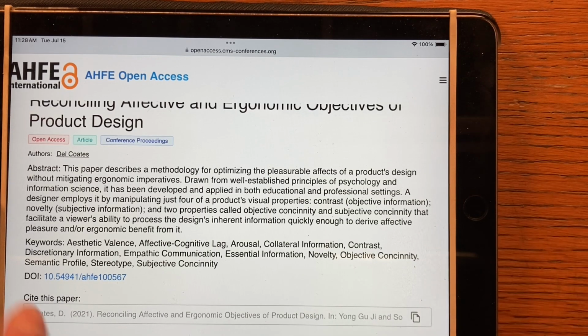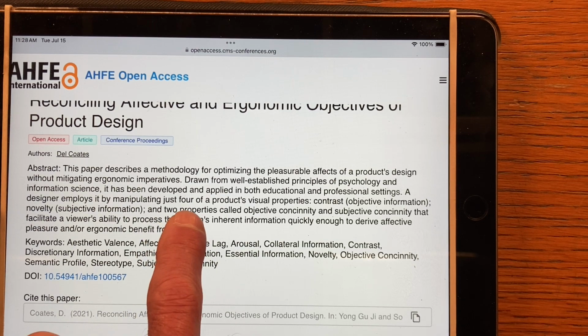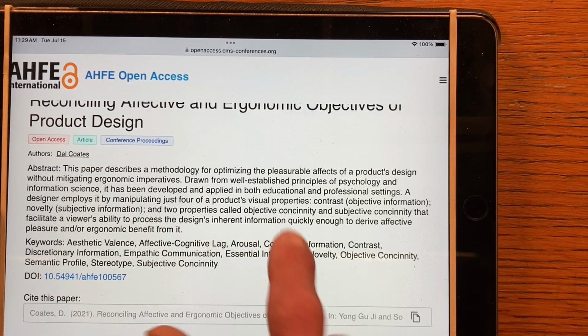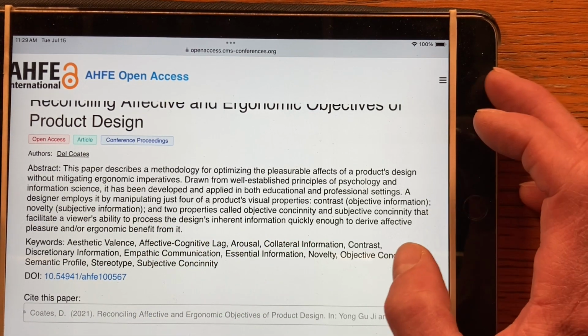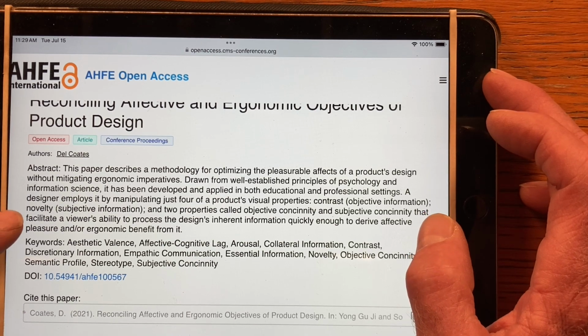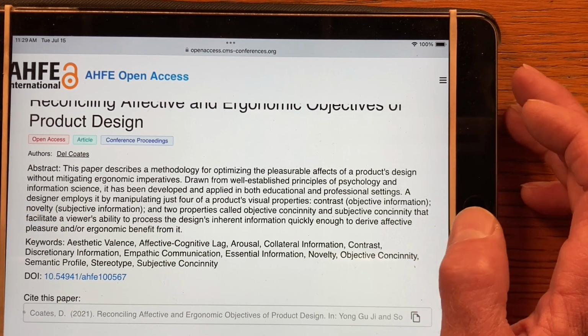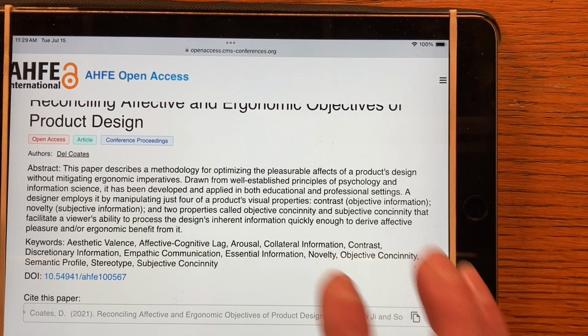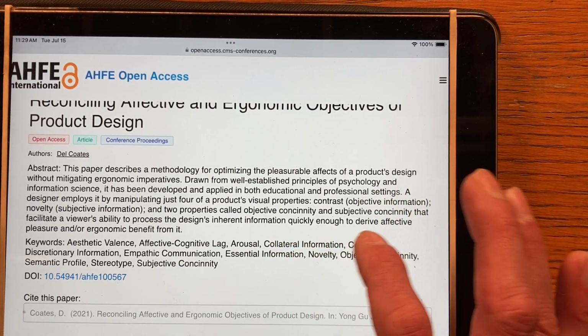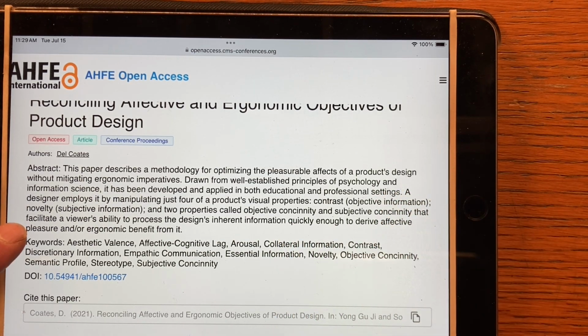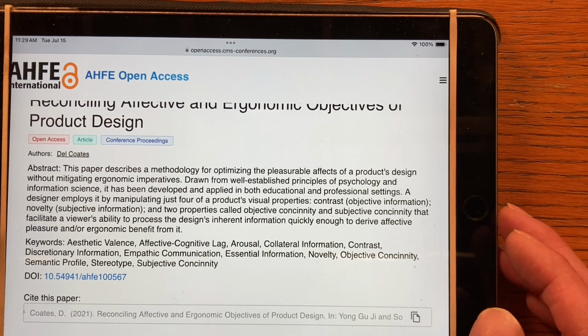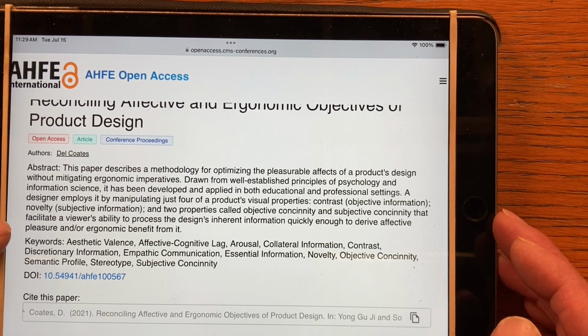A designer employs it, that is the methodology, by manipulating just 4 of the product's visual properties: contrast, what he calls objective information; novelty, subjective information; and 2 properties called objective concinnity and subjective concinnity that facilitate a viewer's ability to process the design's inherent information quickly enough to derive effective pleasure and/or ergonomic benefit from it.